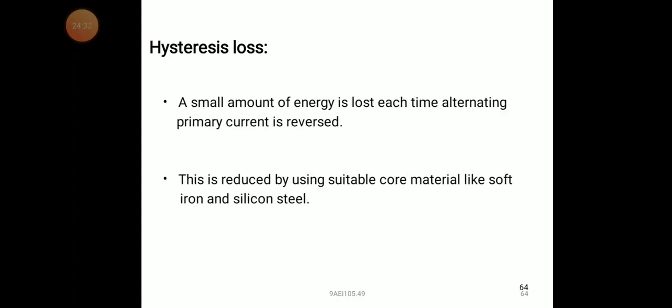So this type of loss can be reduced by using soft iron and silicon steel type material. If we use it, we can reduce the hysteresis losses. That is, a small amount of energy is lost each time the alternating primary current is reversed. This is reduced by using suitable core materials like soft iron and silicon steel.